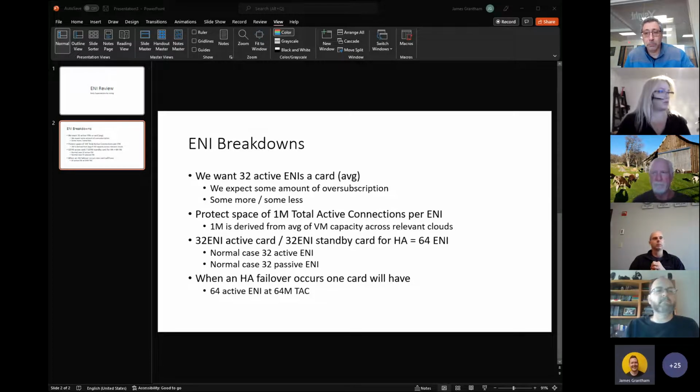It's an interesting question because depending upon the allocation of different ENIs on a given DPU, you can have different mixes, right? And so part of that is your implementation.